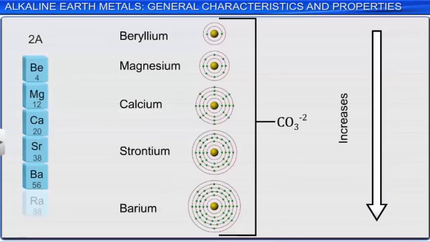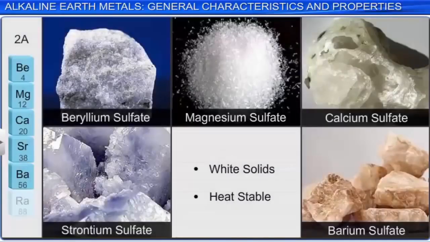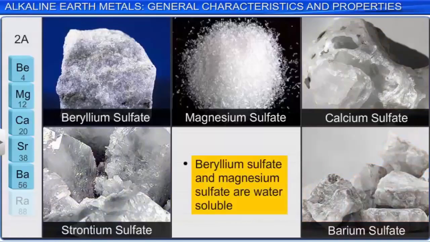The White Cliffs of Dover consist primarily of calcium carbonate. The thermal stability of calcium carbonate increases as the metal cation increases in size. Beryllium carbonate is unstable and must be kept in a carbon dioxide atmosphere. The sulfate salts of the group 2 metals are white solids that are heat stable.